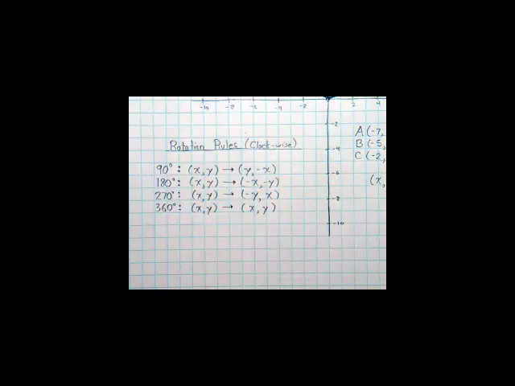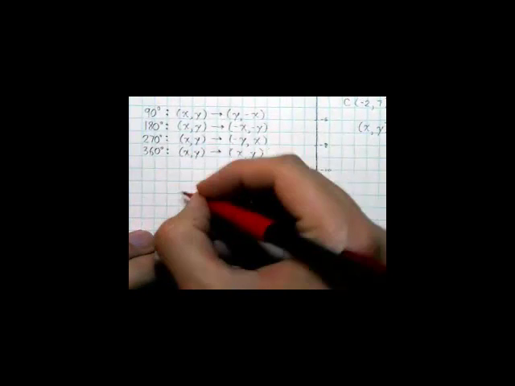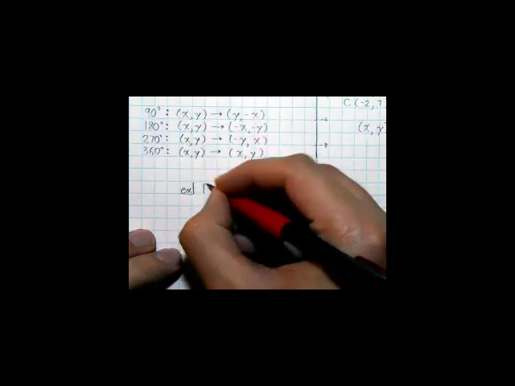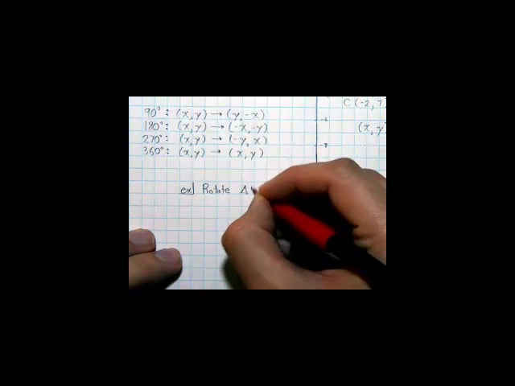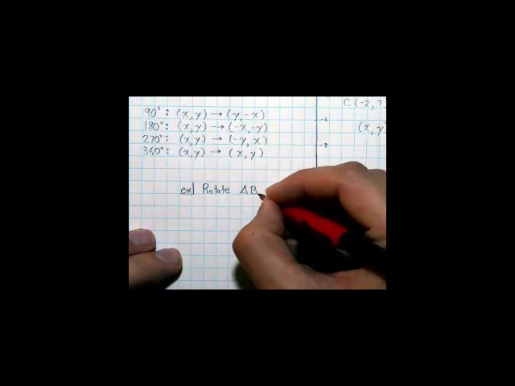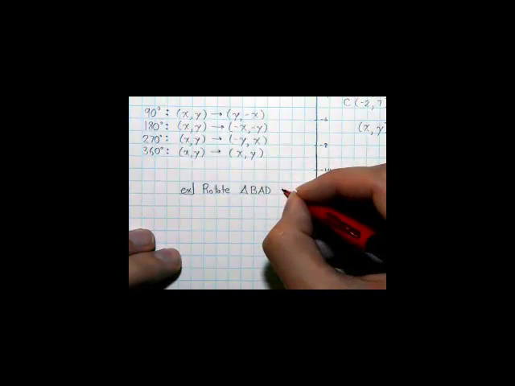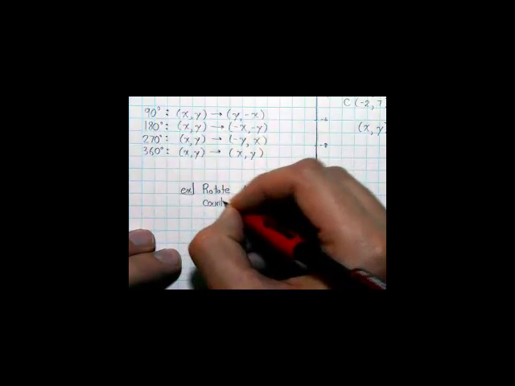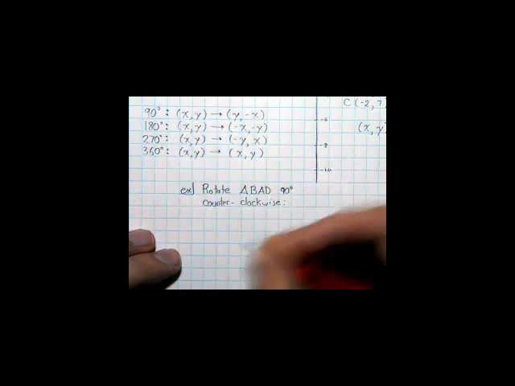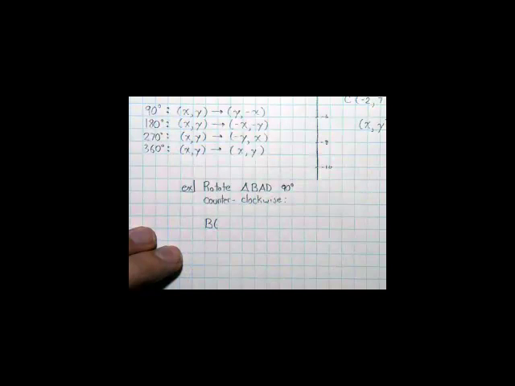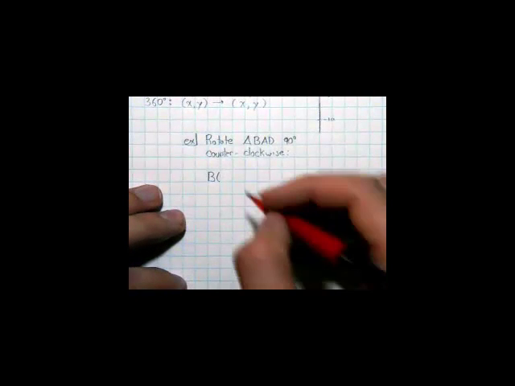It's not too hard. Okay, so let's give you guys some coordinates and a rotation. Can you tell me what they should be? All right, so we're going to do triangle BAD, 90 degrees counterclockwise.